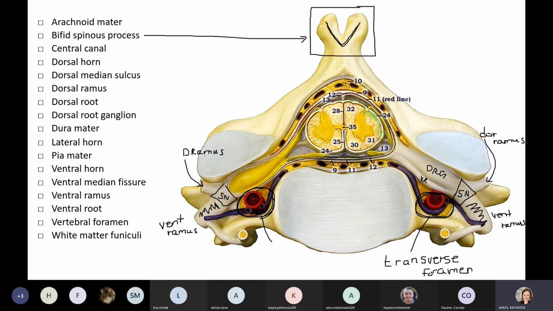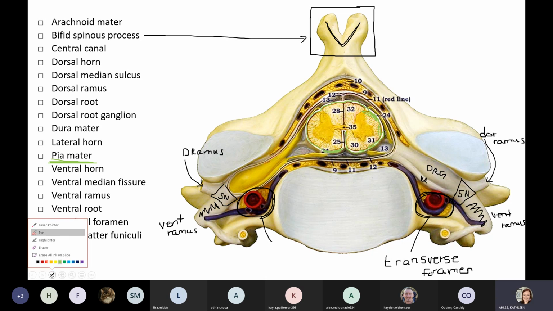Apologies, I know it's hard to see. If you go with numbers, it's number 24. So the connective tissue that's attached to the spinal cord, number 24, is the Pia Mater. So the layer that's right on top of the spinal cord, the Pia Mater.